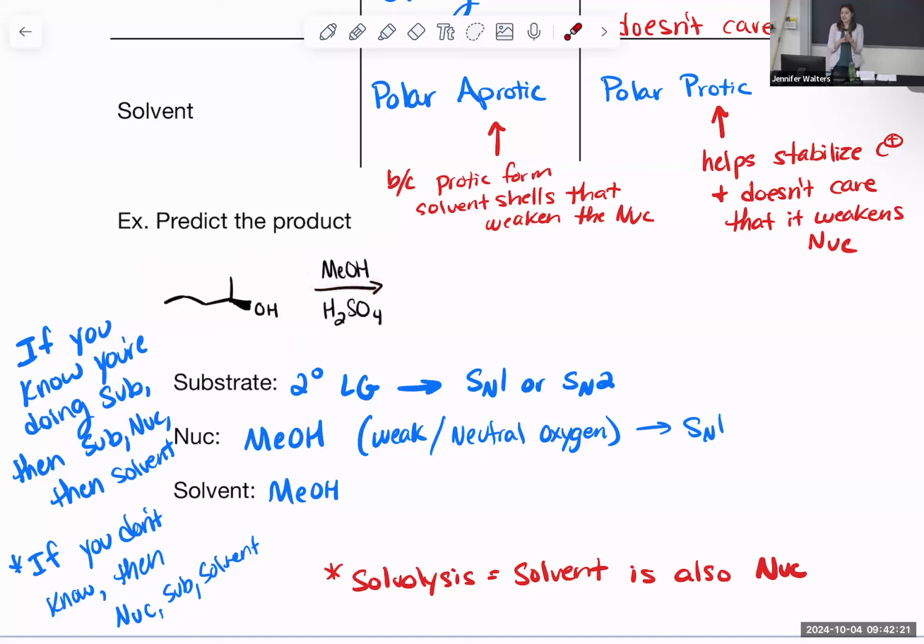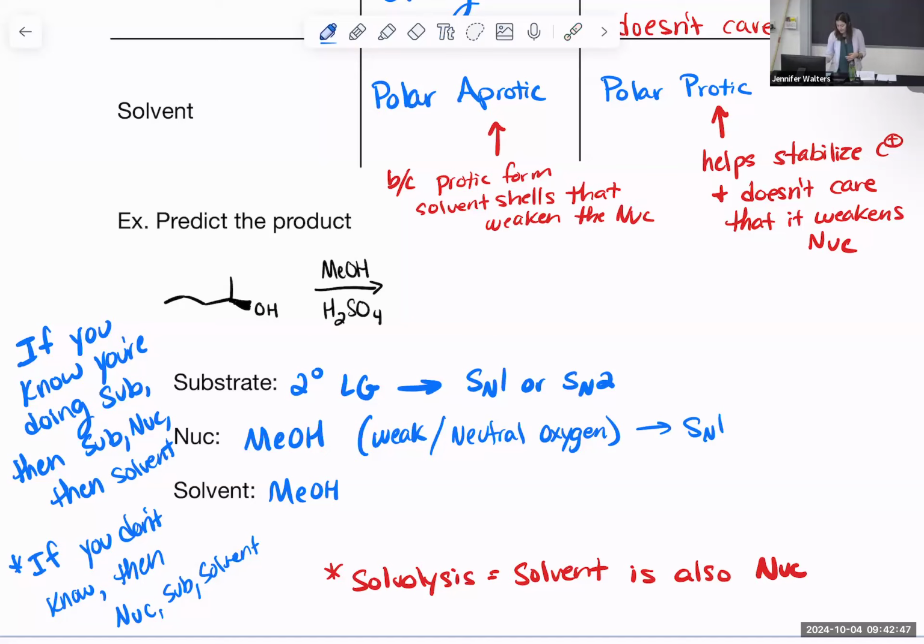So that's our first indicator of why it's the nucleophile. How I know it's the solvent is because methanol is one of those protic solvents. It is one of our common solvents. All of our alcohols are also solvents. So we just need to remember that it can be both. I know it's a nucleophile because it has lone pairs of electrons. And then I know it's a solvent because it was one of the protic solvents that we listed.